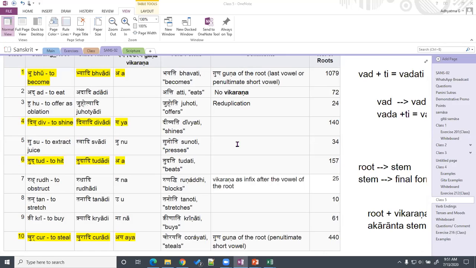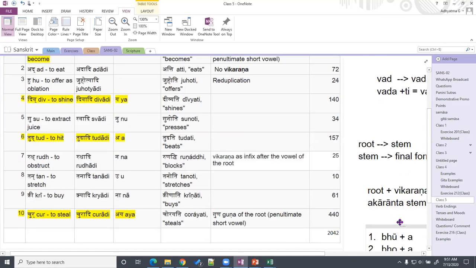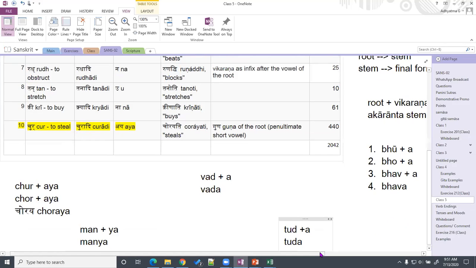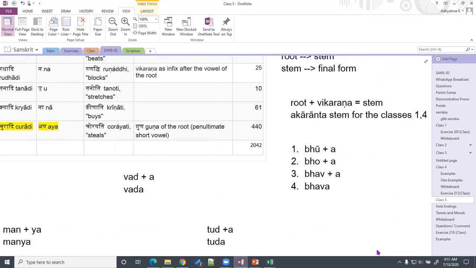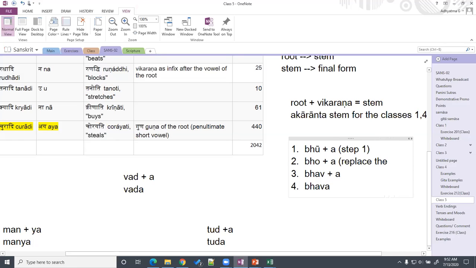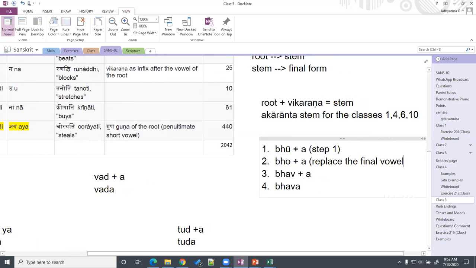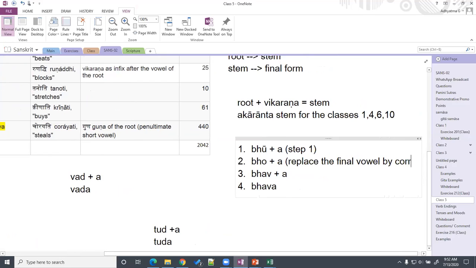So Akara plus Okara is Okara, that is the Guna. Here, in step 1, you replace the final vowel by the corresponding Guna letter.